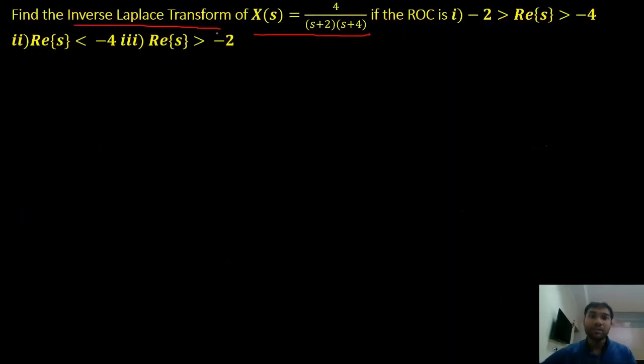Now the question is, find the inverse Laplace transform when X(s) is equal to 4 by (s plus 2) into (s plus 4), and we have three different ROCs specified.